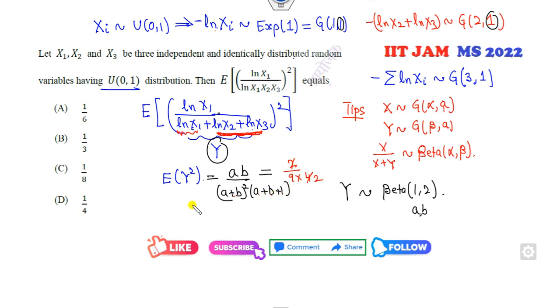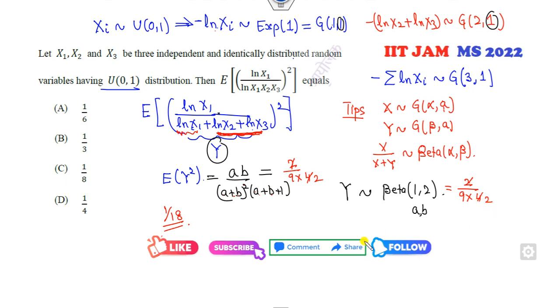So 1 over 18. So where is my mistake? Is the calculation okay? So A into B is 2, 2 plus 1 is 3, 3 square is my 9, and 2 plus 2 is 4. So it is fine. This is 1 over 18.